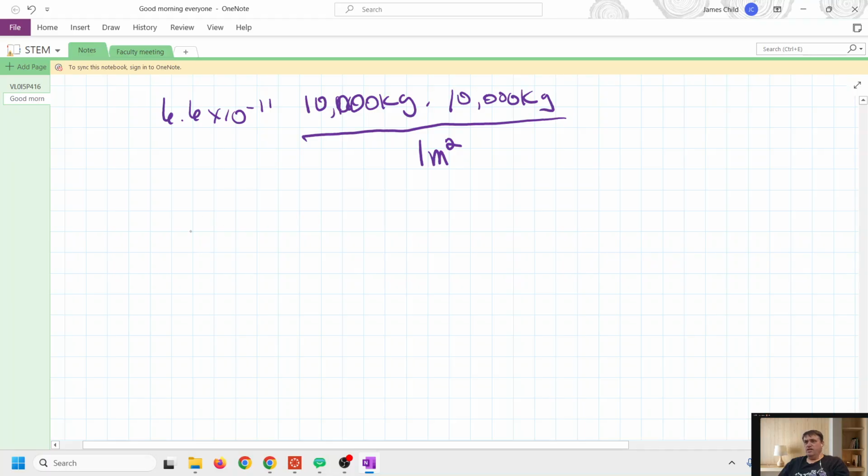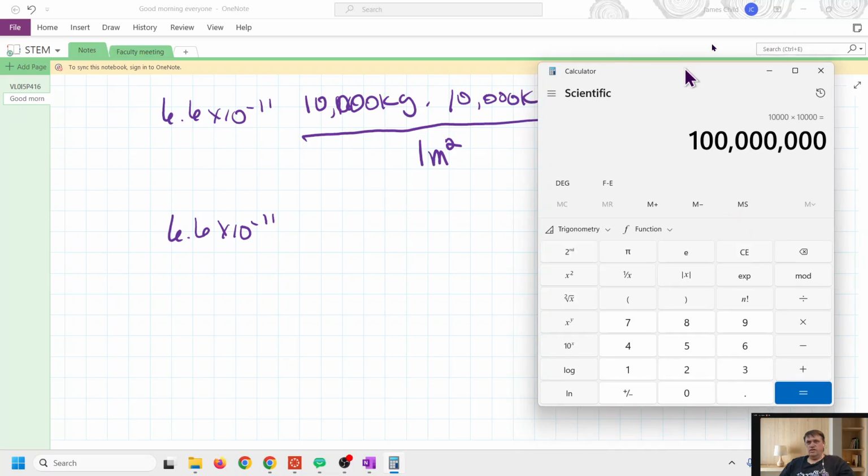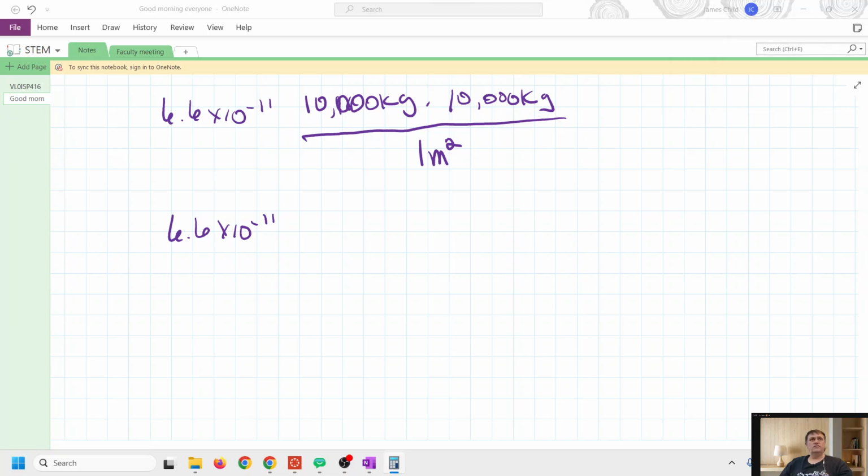Okay. So I've got 6.67 times 10 to the negative 11. And I've got, let's do our calculator. I believe that's 100 million, but let's do the math. Times, equals 100 million is correct.